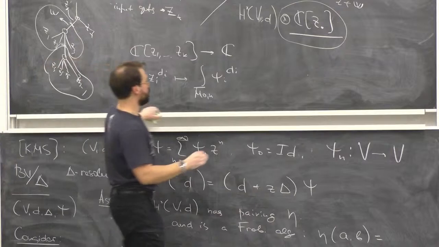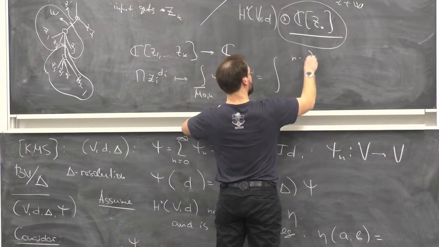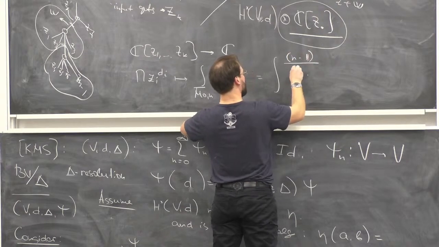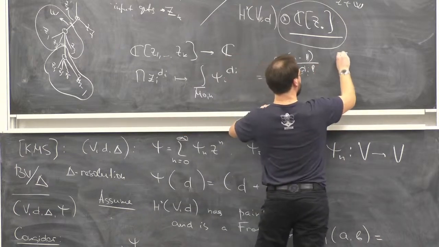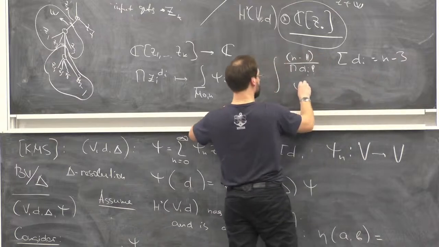In other words, this is (n minus 3)! over the product of d_i! if the sum of d_i's is equal to n minus 3, and 0 otherwise.